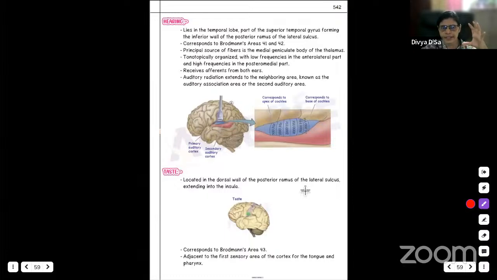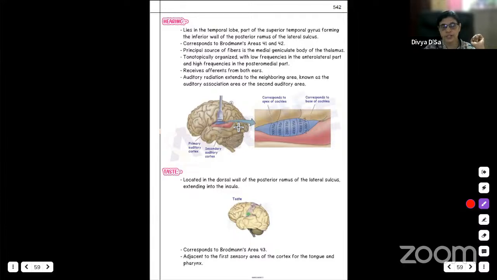Hearing. The hearing area lies in the temporal lobe, corresponding to areas number 41 and 42. The primary auditory area is situated on the superior surface of the superior temporal gyrus.